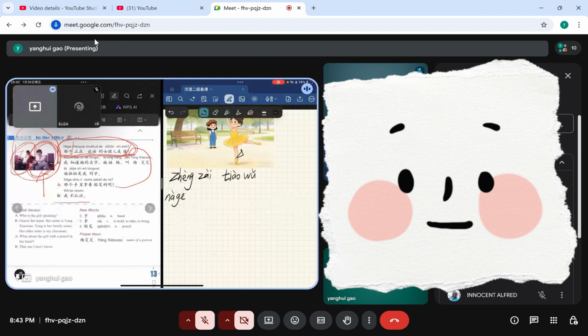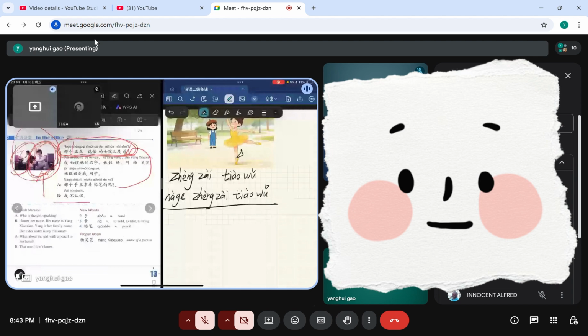Okay, and the action. What action is the girl doing? She is dancing, right? So we can describe the action: 正在跳舞. Both of these are modifiers of the girl.